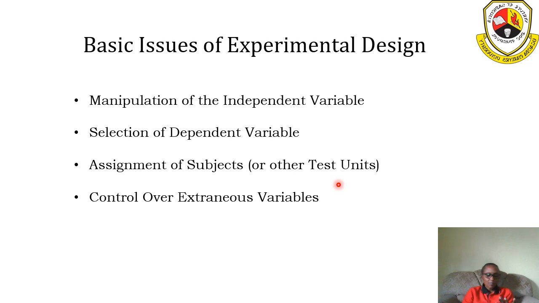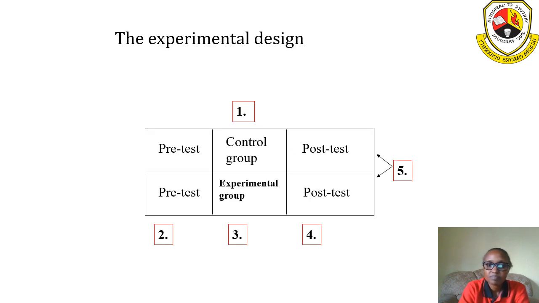Your personality type, or your age group, may vary. So there are people who are more prone to deriving pleasure than others. So these would be your test subjects, your participants, people who are participating in the experiment.